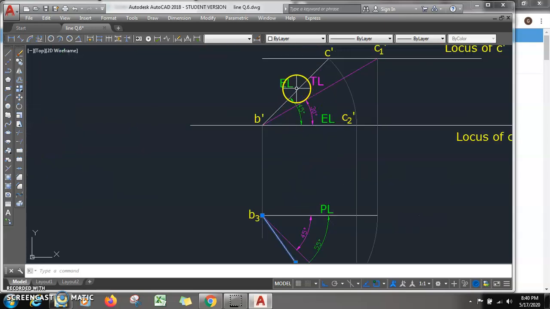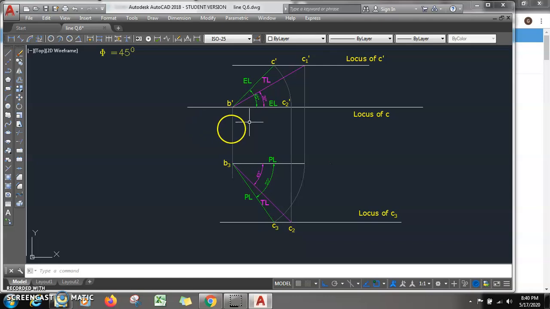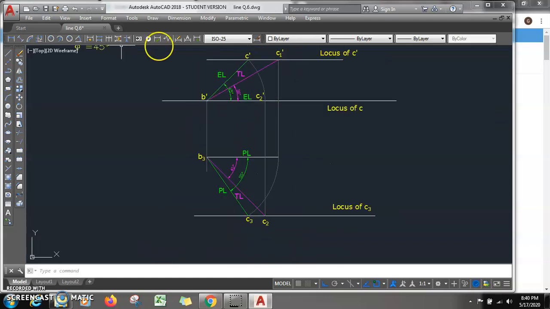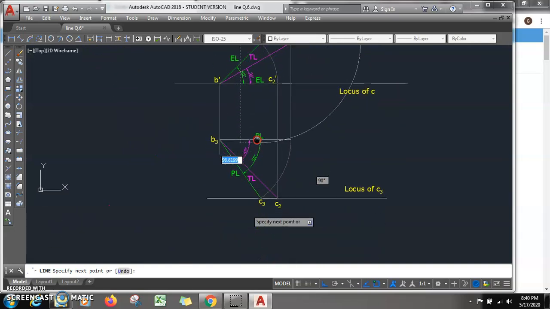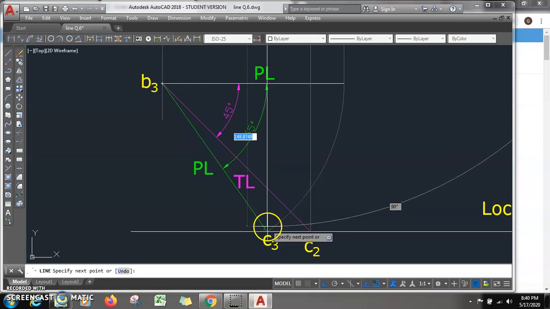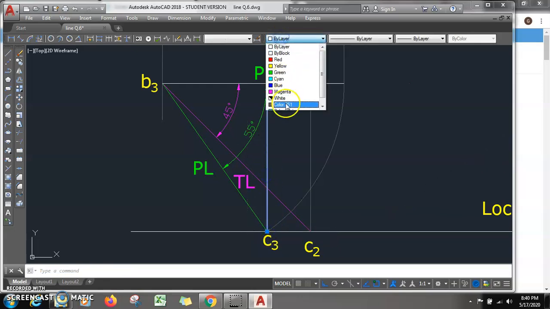Let us change colors for this. Now this solution is complete. We know this C dash and C will always lie on the same line. So let us show it by projectors.